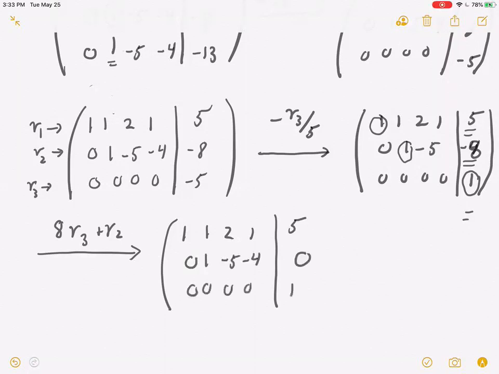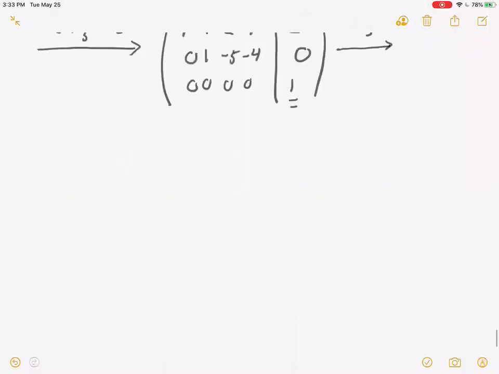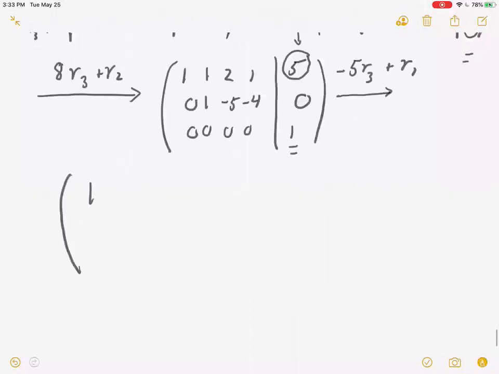And again, I'm just trying to beat this into reduced row echelon form. This column 4 has a leading 1, but all the other matrix elements have to be 0. So I can do that by taking a Xerox copy of row 3, multiplying it by -5, and adding to that row 1. And I'll get the following. Row 1 looks like that.